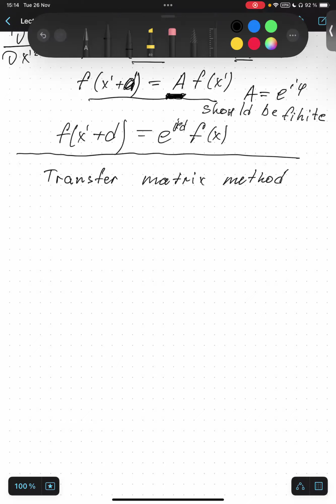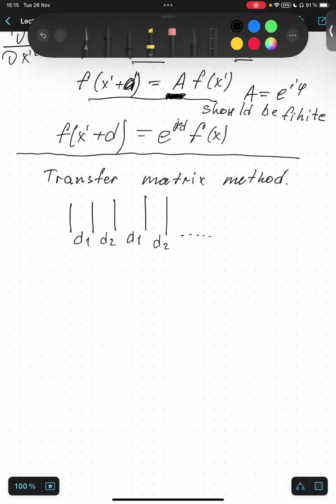First of all, let's consider the same periodic structure: d1, d2, and so on. We remember that our electrodynamics equations are linear.